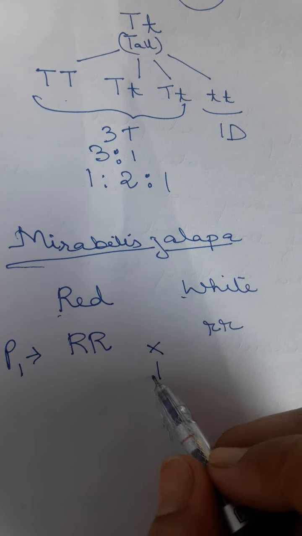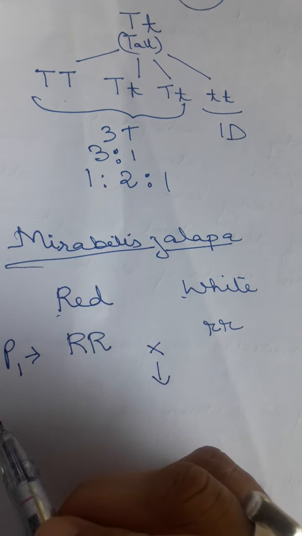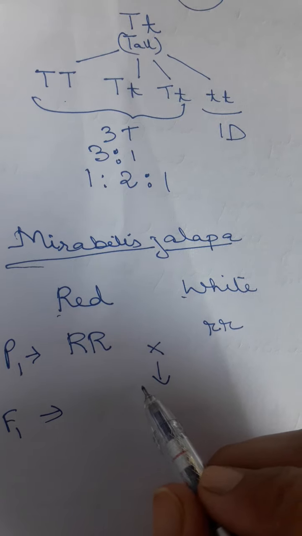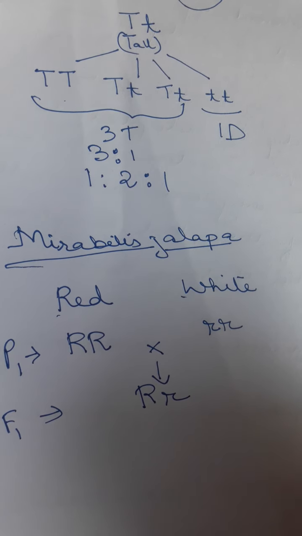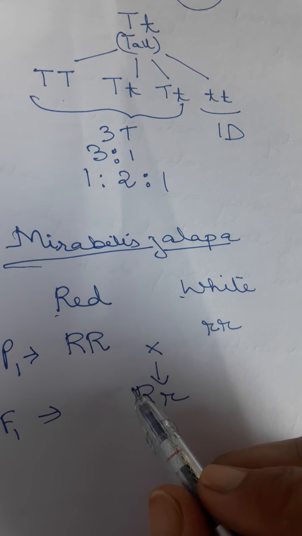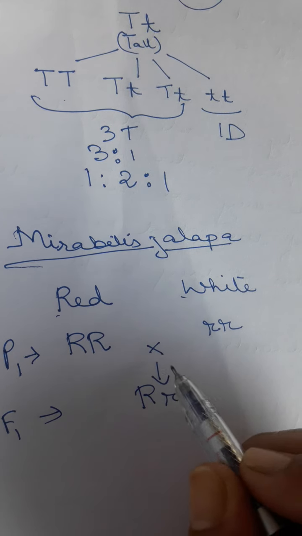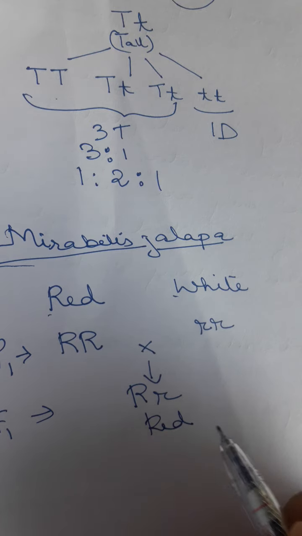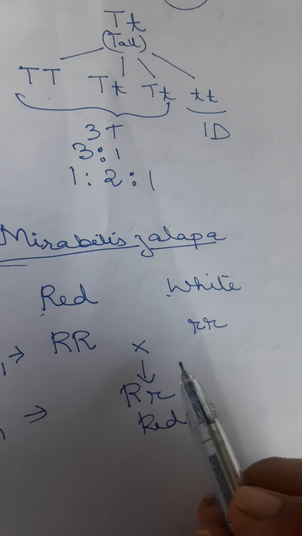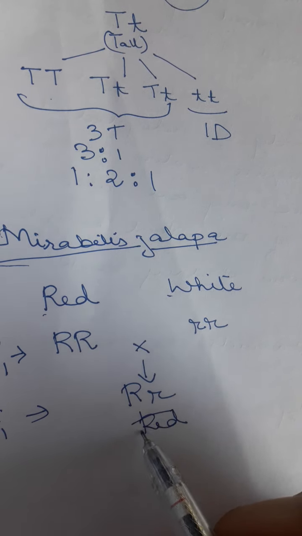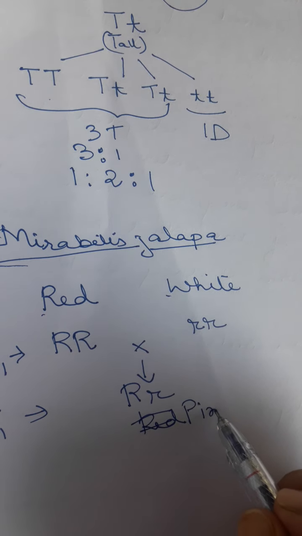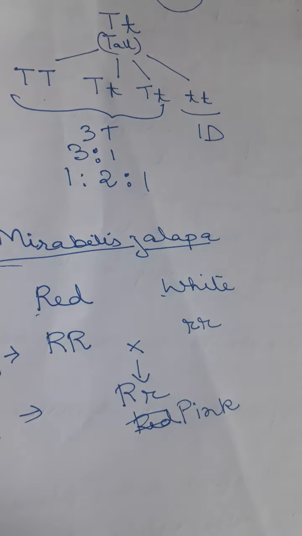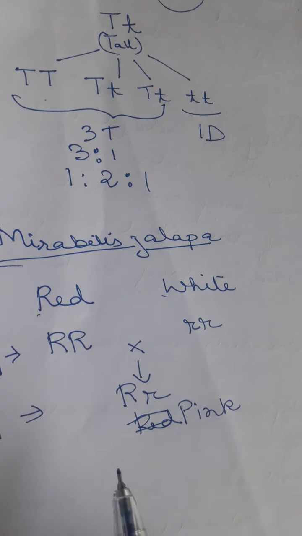When we cross them, we get an F1 hybrid which will contain capital R and small r. As per the Mendelian concept, this phenotype should be red, isn't it? But surprisingly this is not red, this is pink color. That means an intermediate form between the red and white.